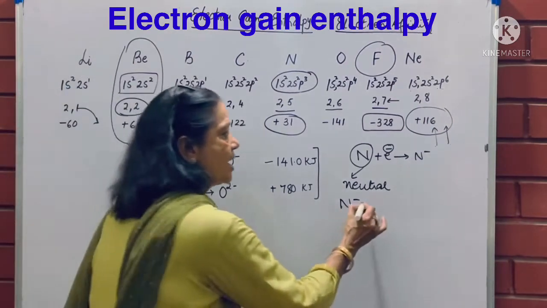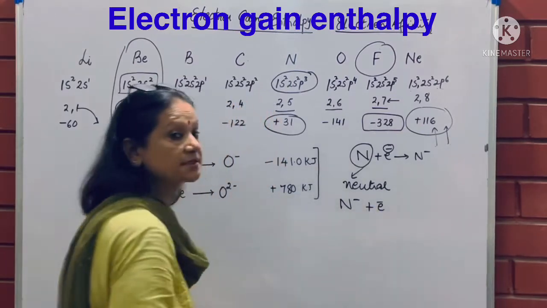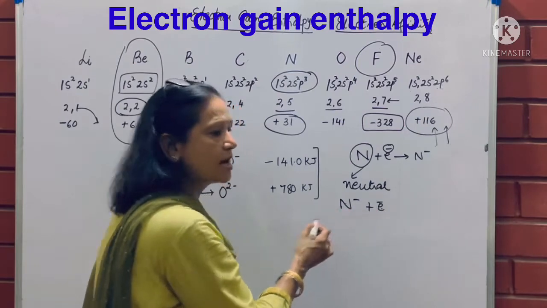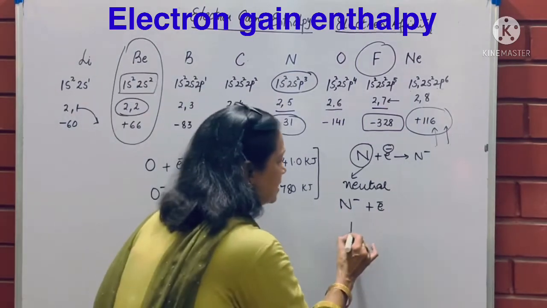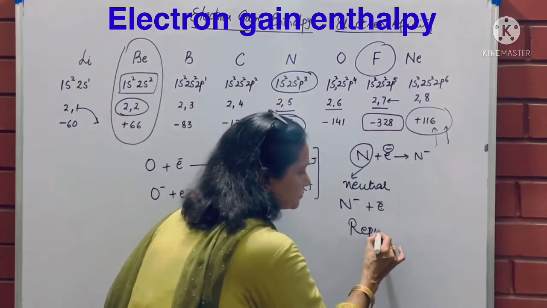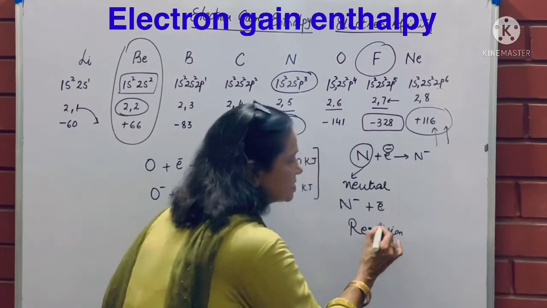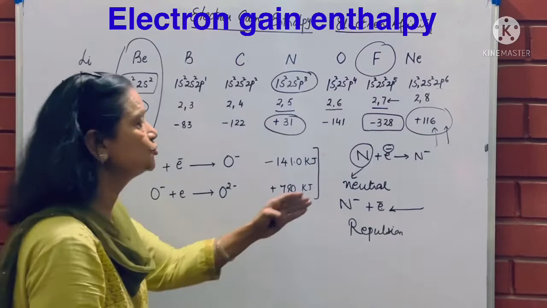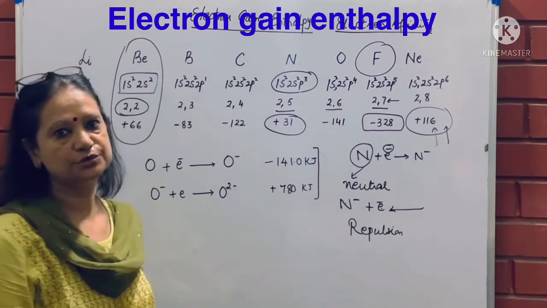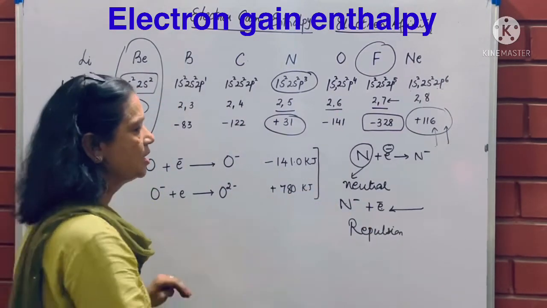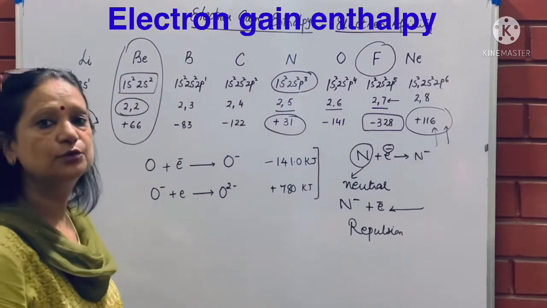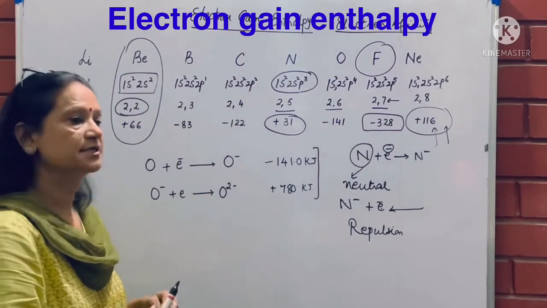Now if I add a successive electron, both are negatively charged, so there is repulsion. Due to this repulsion, I will have to add some energy to make this electron go into the nitrogen negative ion. So the first electron affinity value is a negative value, that is, a large amount of energy is released.